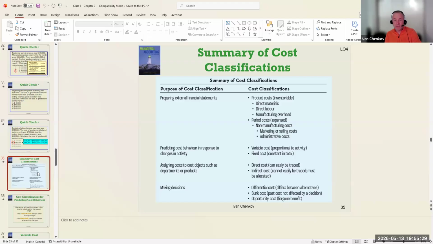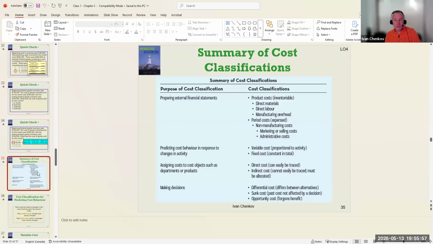Now I can break the cost into product cost and period cost, but the total cost will be the same. Total product cost, I can call inventoriable cost. I can break them into direct material, direct labor, and manufacturing overhead. Once I combine direct material, direct labor, and manufacturing overhead, it's going to give me the product cost. Plus when I combine it with the period cost, it's going to give me the total cost from the accounting system.